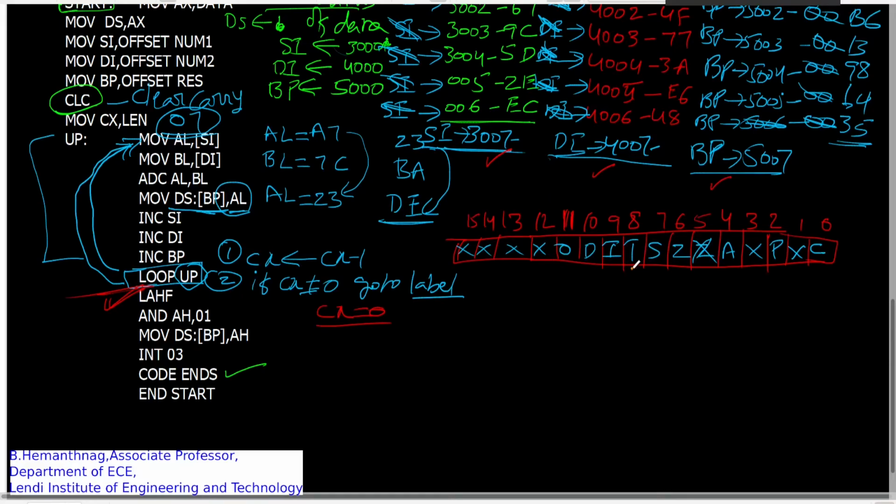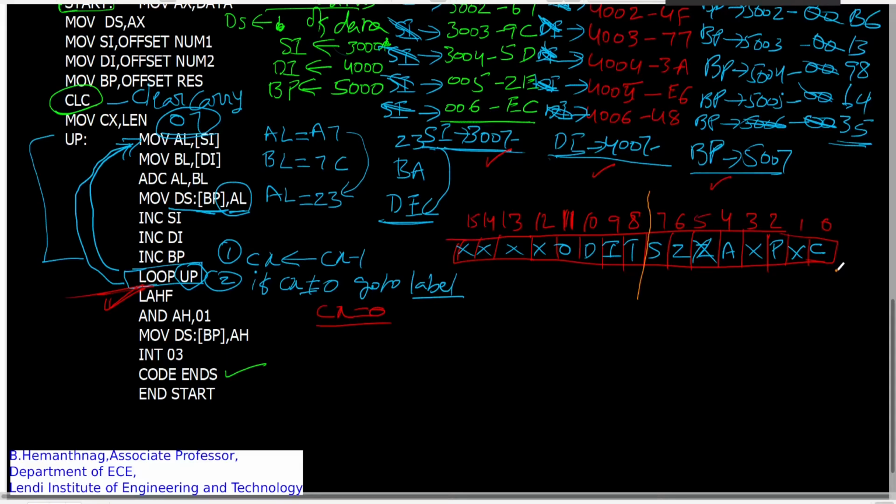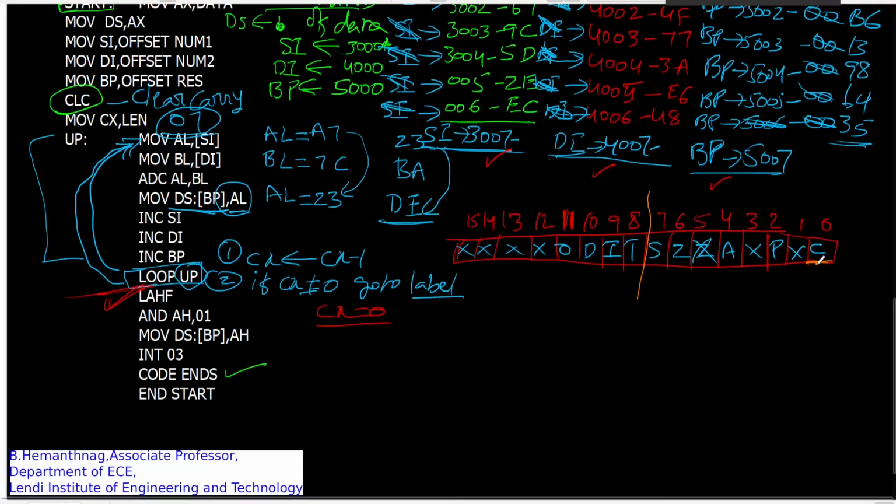So this is the format of the flag register. If you observe, in the lower byte, that is bit 0 to bit 7, we have the carry, parity, auxiliary carry, zero and sign in their respective bit positions, and this contains the information of carry. I don't need all the remaining bits, I only need this carry bit.